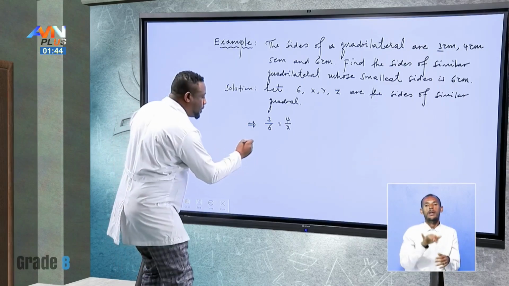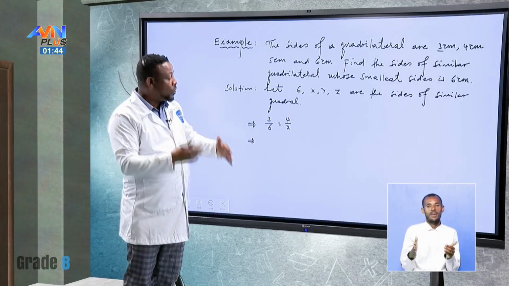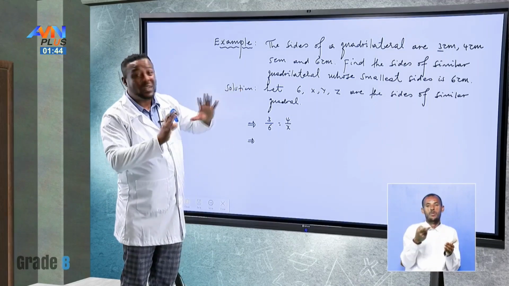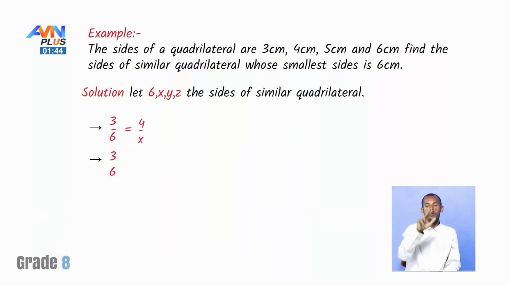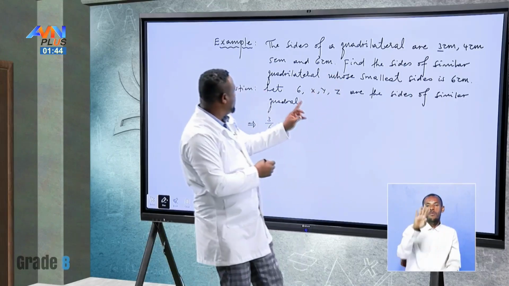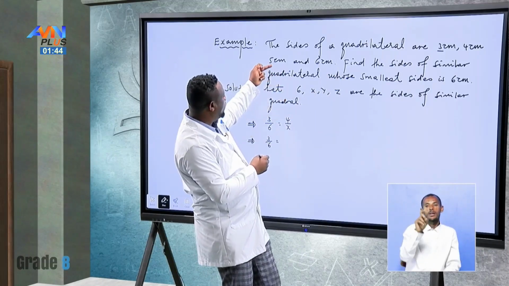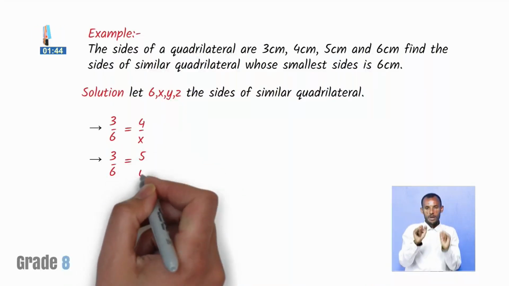Similarly, all the pairs of the ratios of corresponding sides must be the same. So the 3 over 6 must be the same as the third side, which is 5 over y, okay, 5 over y.